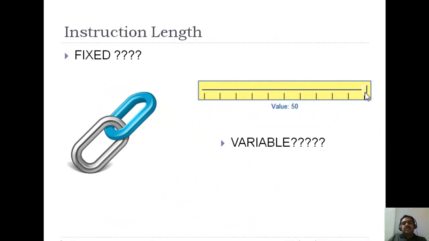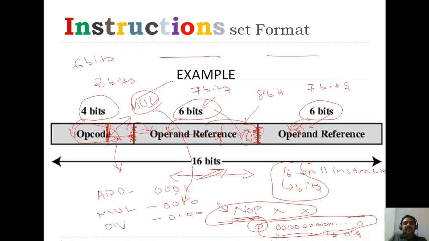But variable length also has its own disadvantage, in the sense the decoding logic becomes very, very complex for variable length as opposed to fixed length. Okay, for example, in fixed length, let us take the same example. 4 bits are used for opcode. So whenever the instruction goes into the decoding mode, always the first 4 bits are translated into the respective operation that needs to be performed. The next 6 bits are considered as data 1, and the next 6 bits are considered as data 2, upon which the operation has to be performed.